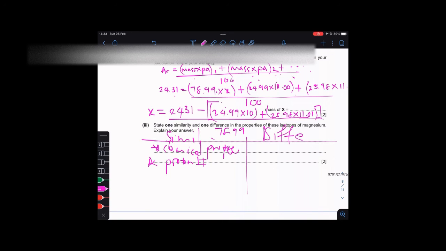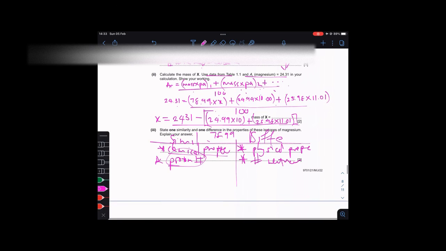If the proton number is the same, the number of electrons is the same, and the electrons affect the configuration of that atom. So the chemical properties and proton number, which means the electronic configuration is also the same. The differences are the physical properties, and also the number of neutrons is different.